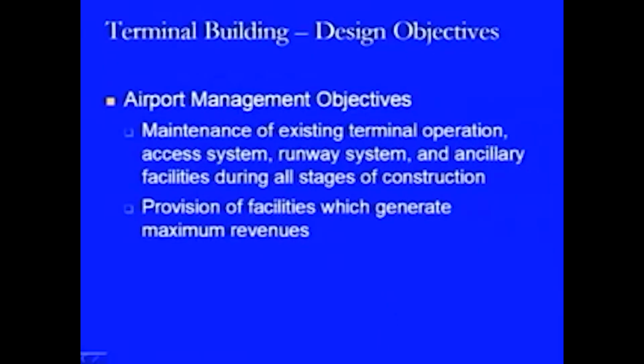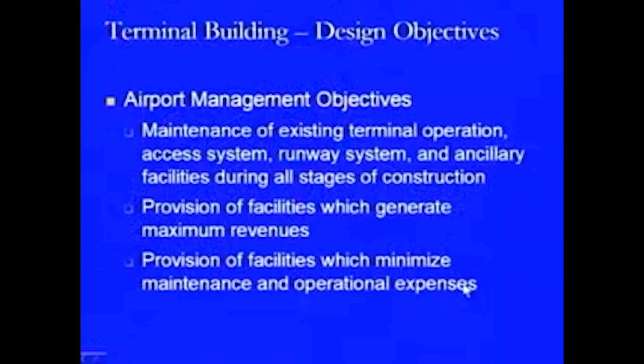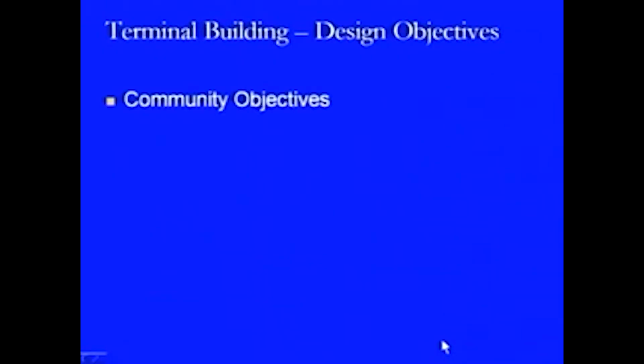They also come under the control of airport management. So, that is why they look at the revenues, and that is why we find that there are duty free shops etc. being provided at airports in the case of international flights, or other types of shops being provided at domestic airports. The provision of facilities which minimizes maintenance and operational expenses is another thing.